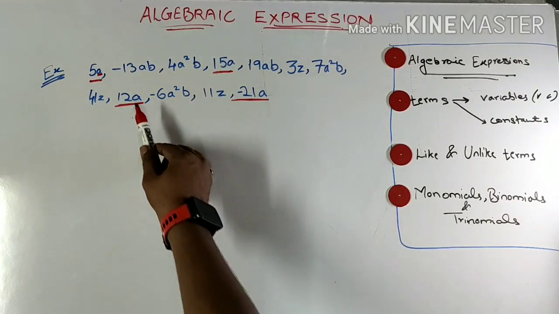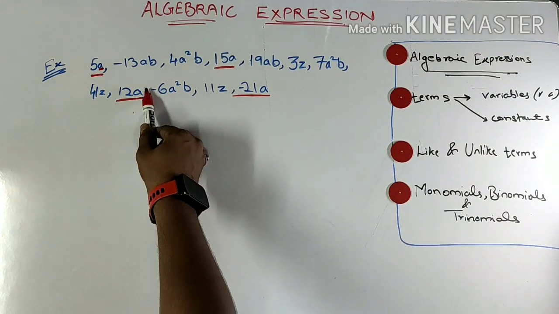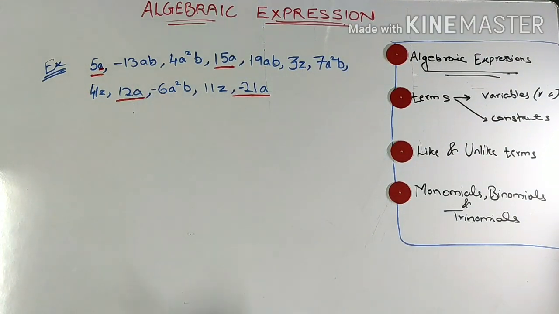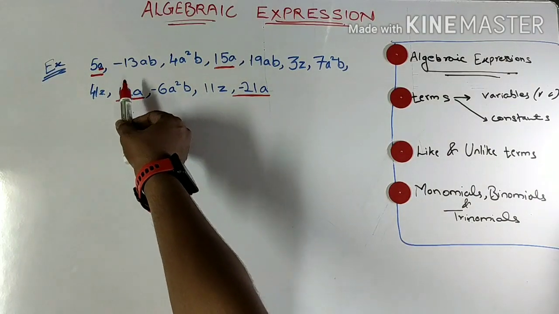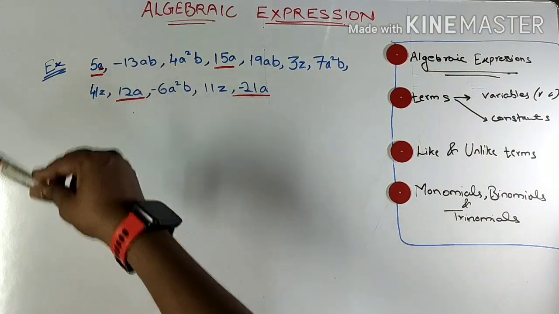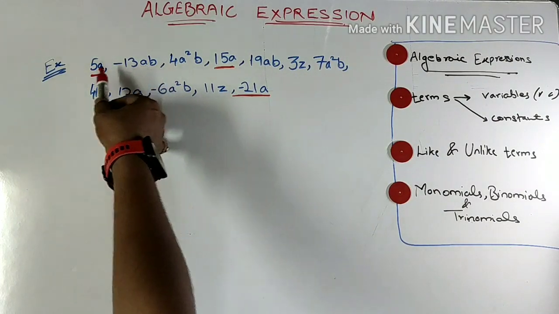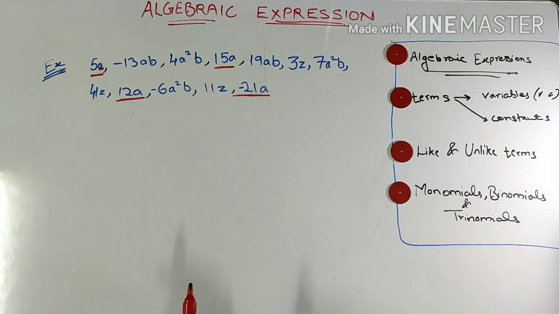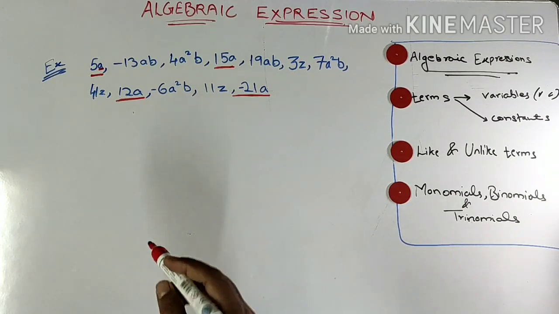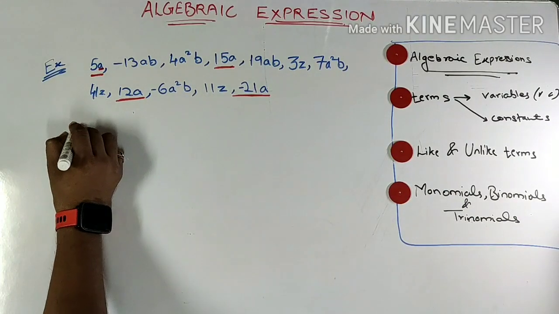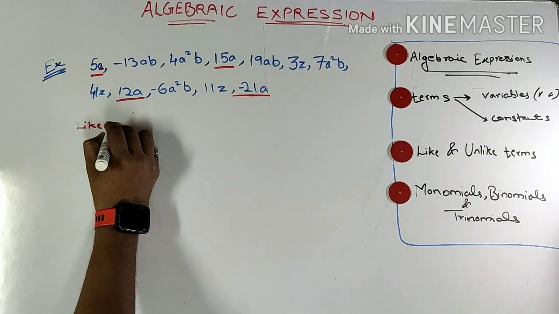As I said, it should have the same variable with the same power. There shouldn't be even a single difference between the power of that variable or addition of some other variable to it, like ab. So I cannot consider ab as the same as this like term.